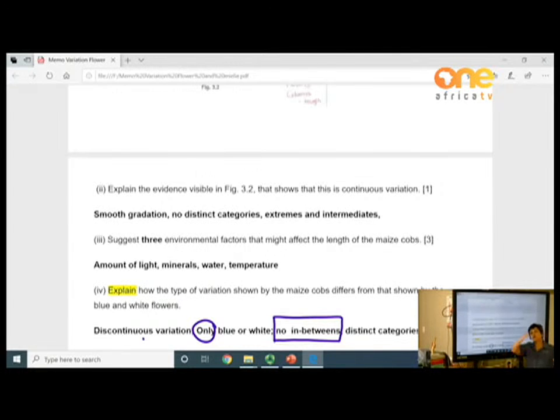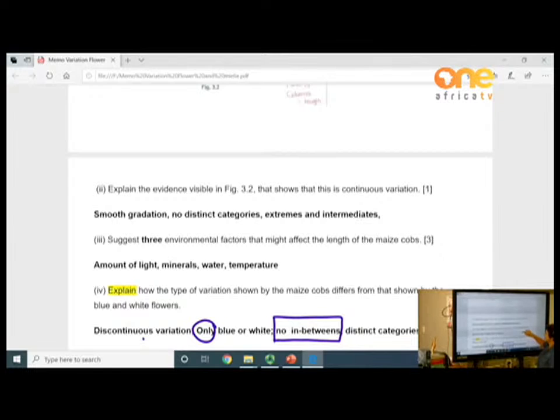From 7 to 19, there are all the different lengths of cob sizes. The environment can play a role. The amount of light, minerals, water, temperature will or can influence the size of the cobs.